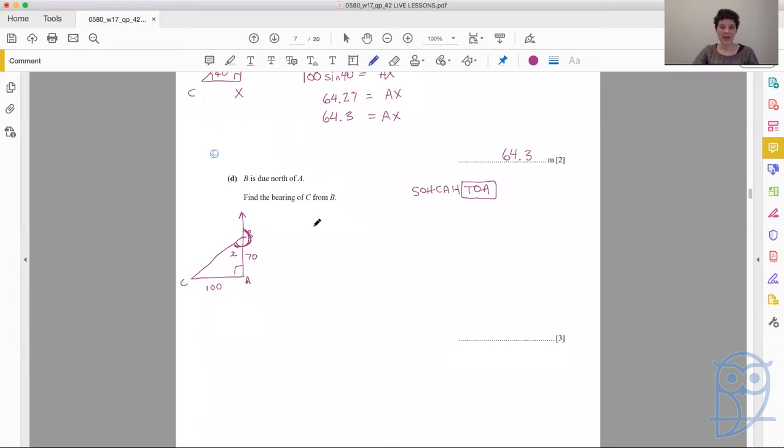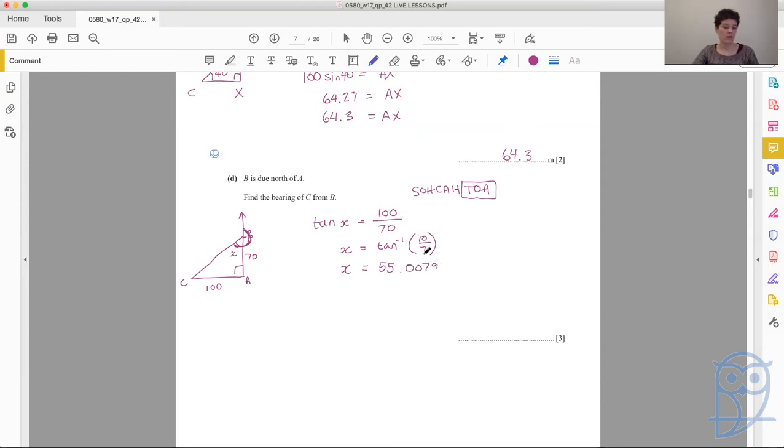So we have tan of X equals 100 over 70. So X equals tan to the minus 1, well, it will be 10 over 7. So if we then take our calculators, tan to the minus 1 of 10 over 7, we get 55.